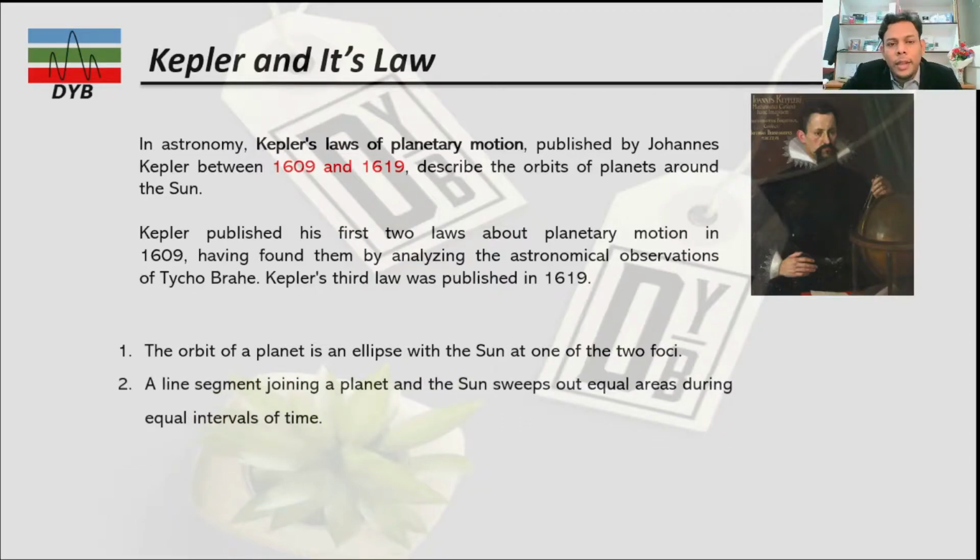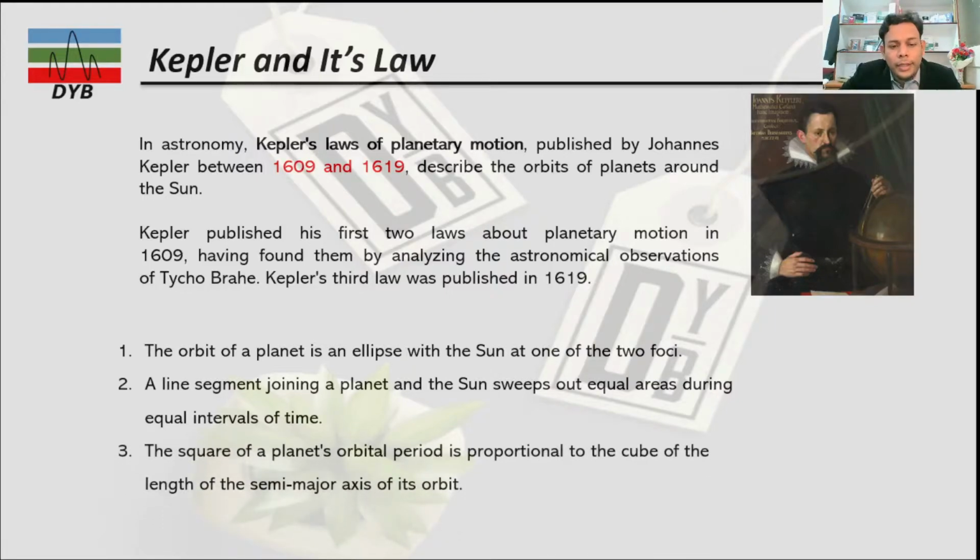The second law is that a line segment joining a planet and the sun sweeps out equal areas during equal intervals of time. So it states that every planet moving around the sun sweeps out equal areas. I will explain it when we discuss it in detail.